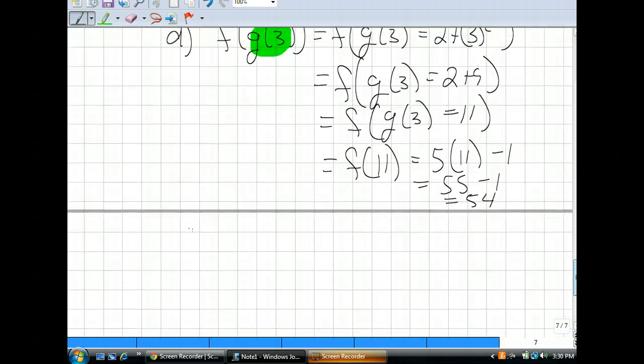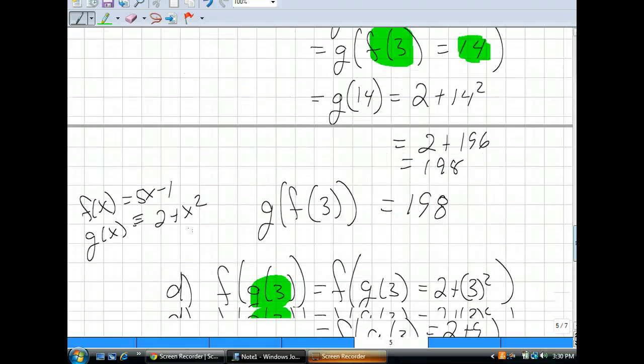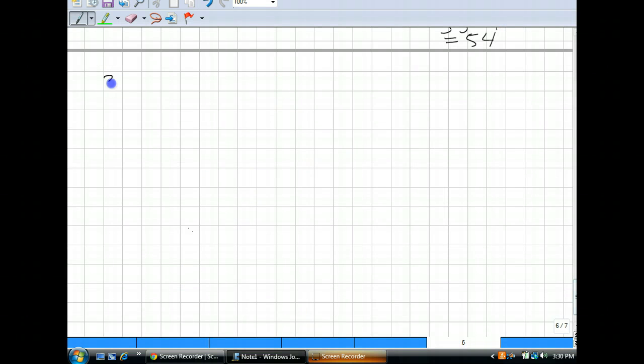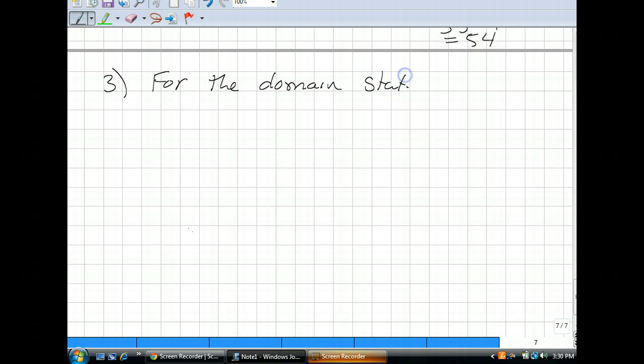All right, let's try another example here. Example 3. For the domain, state the range. Okay? So I have f is the function that takes x to absolute value of x minus 3.